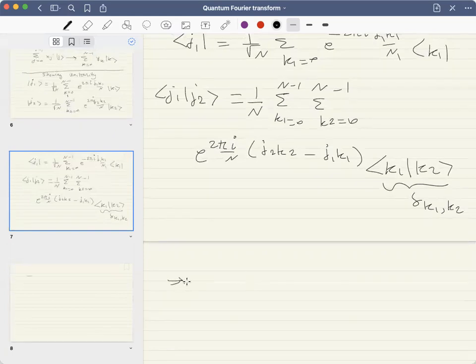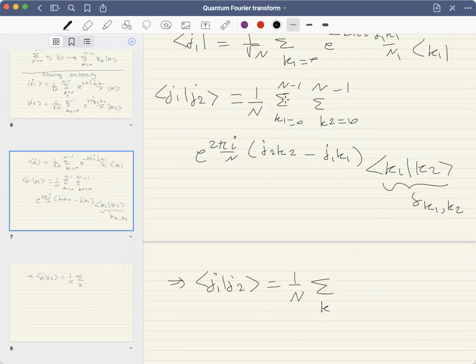So from here, I obtain that the inner product of j1, j2 is equal to 1 over n. Then I just have sum over k, right? So k2 must be equal to k1. So let's call it k. There's going to be only one term, right?